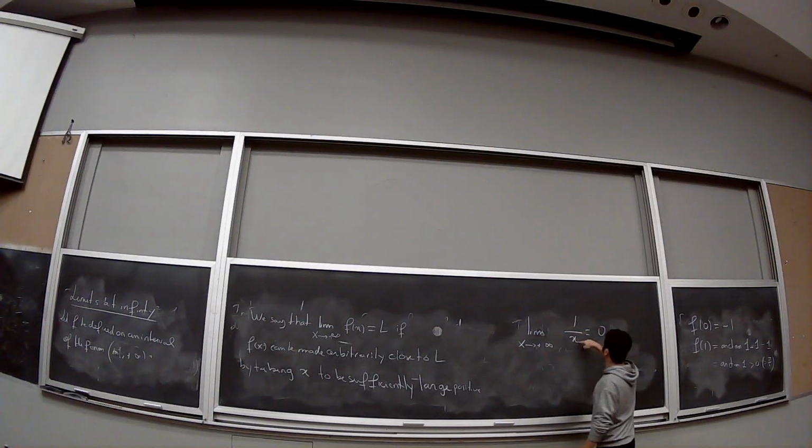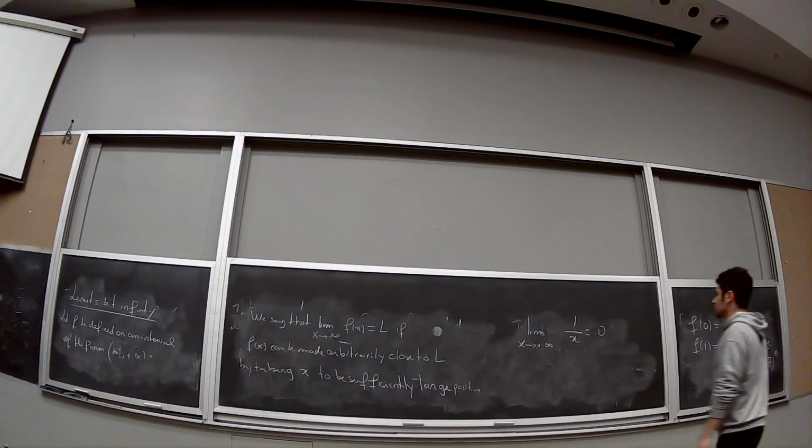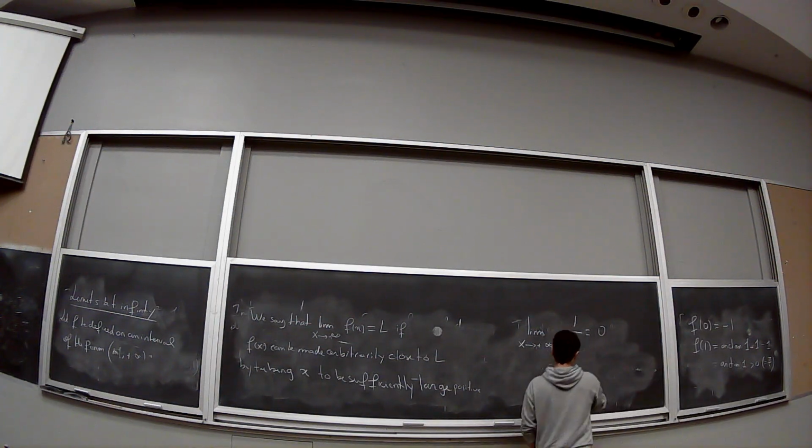Now, if I want 1 over x to be smaller than, give me a big number, let's say 10 to the minus 12.